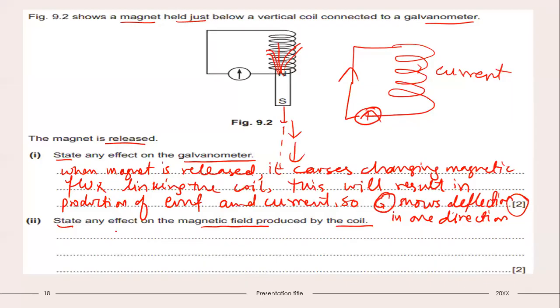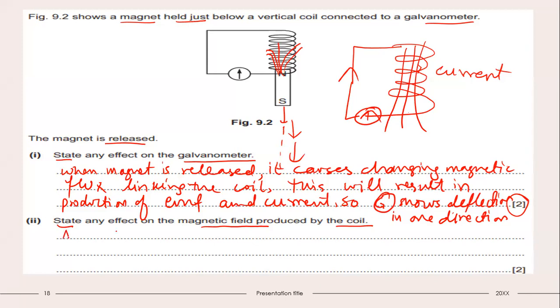So the thing is, when current is induced in the coil, it produces a magnetic field. But as you can see, the current produced is not permanent, the induced current is also changing, so it will produce a changing magnetic field.